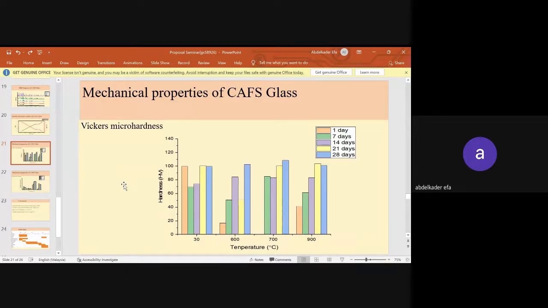The other purpose is that calcium fluoride in the glass will release fluoride ions. These ions can enhance the anti-caries characteristic against oral caries problems for teeth.